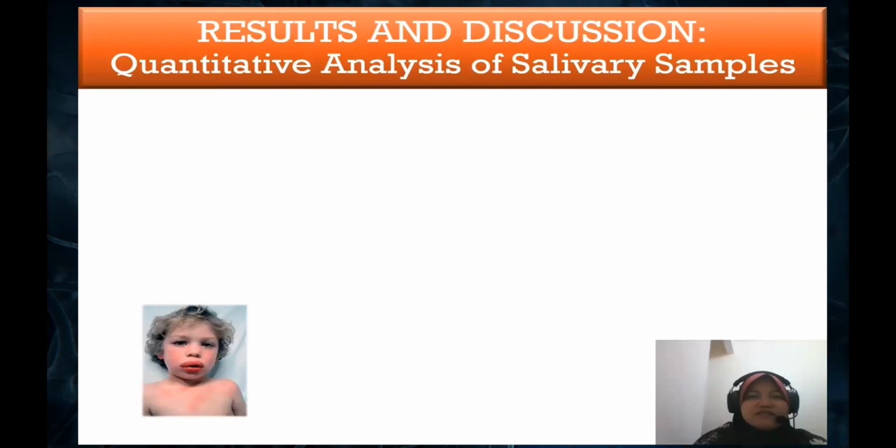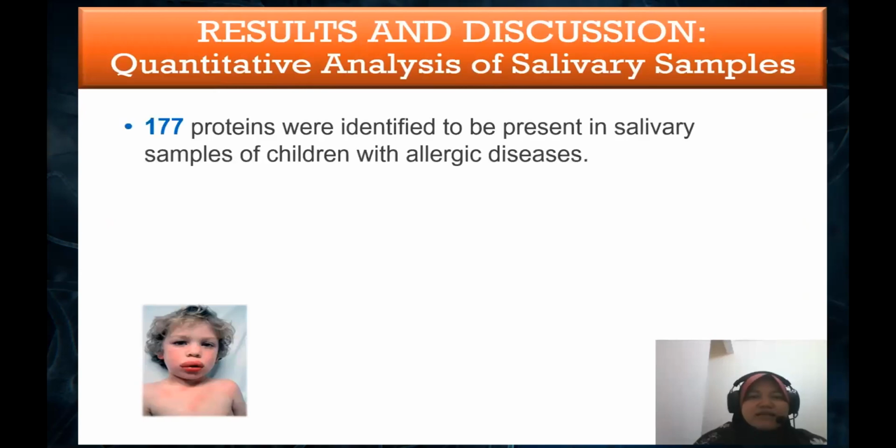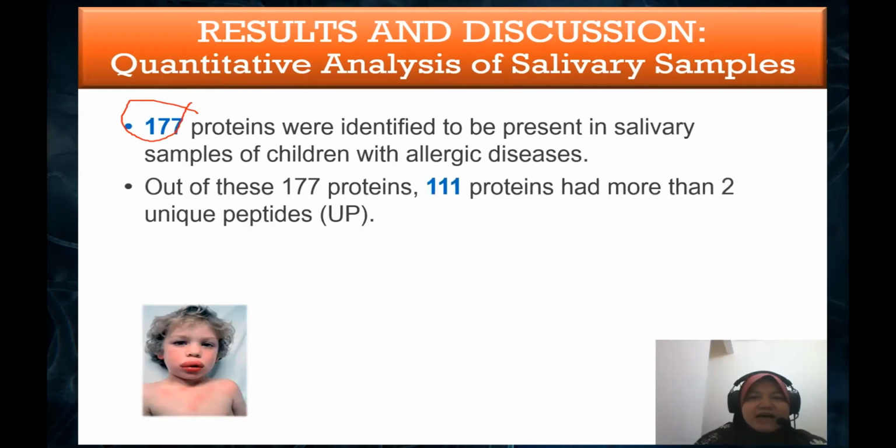Moving on to results and discussion, in the quantitative analysis of salivary samples, there were 177 proteins identified to be present in salivary samples of children with allergic diseases. Out of this number, 111 proteins had more than 2 unique peptides, or UP.